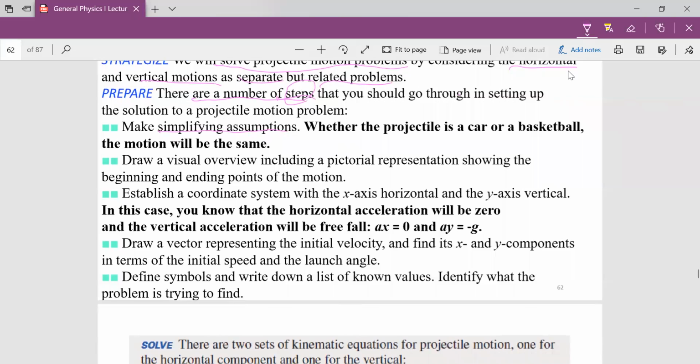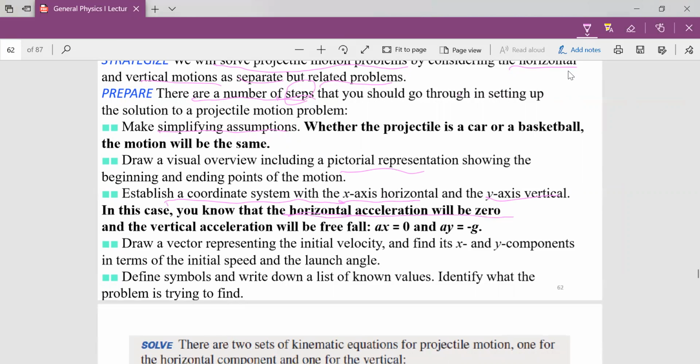So after you make the pictorial representation, you have to proceed to establishing a coordinate system, that is defining your X and Y axes, if they are not stated in the question. So in this case, you know the horizontal acceleration is going to be 0.